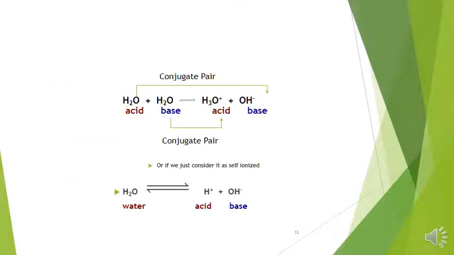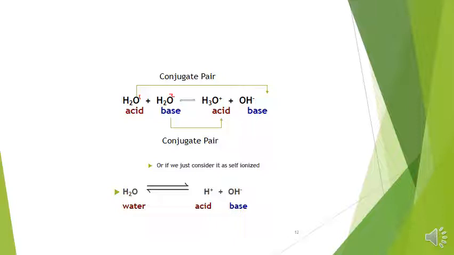So let's look at the special implications of that. If you have water and water, some water, we'll call this water 1, and this is water 2.